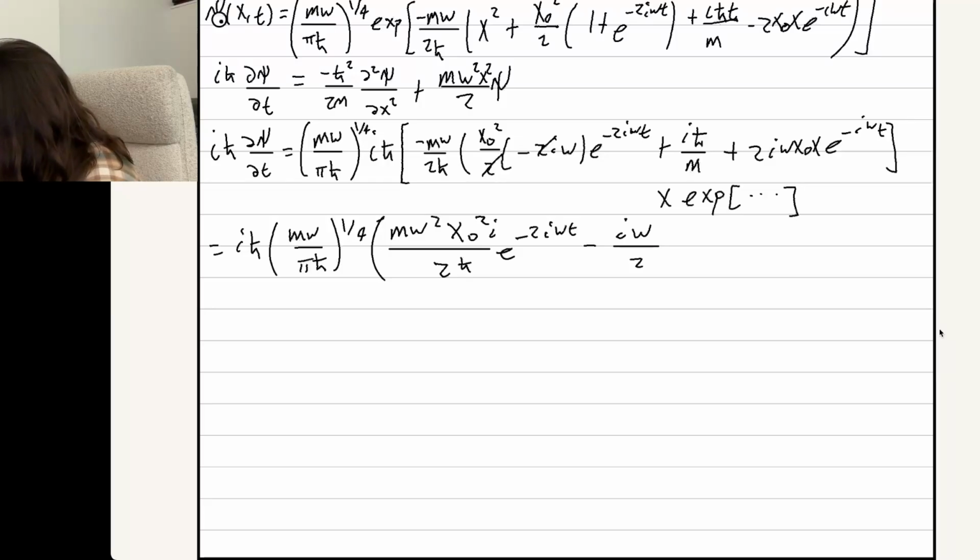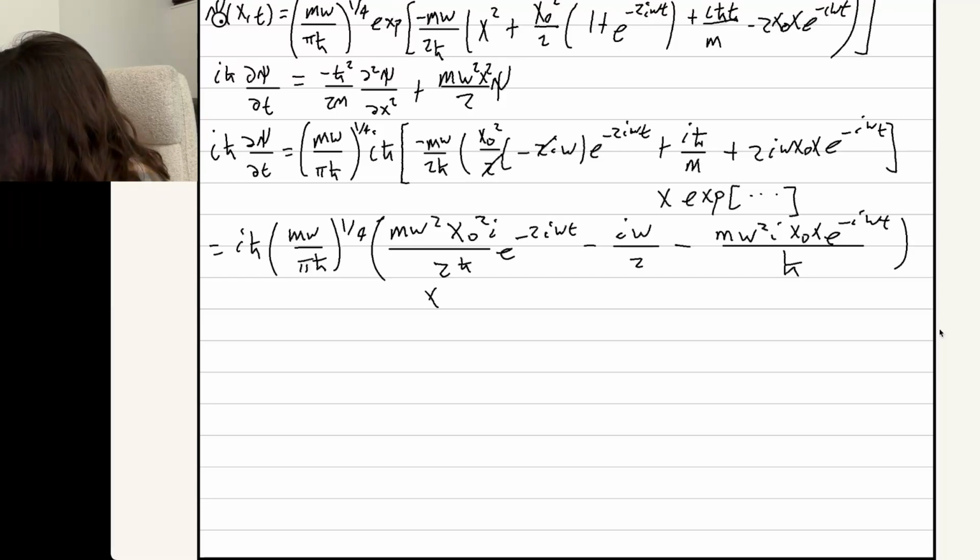And then plus, actually this one is minus now, m omega squared i x naught x e to the minus i omega t over h bar. Fun stuff there. And then it's also multiplied by the exponent, which we still don't care about.